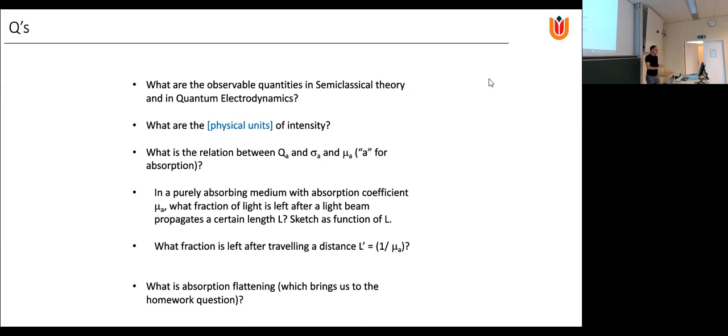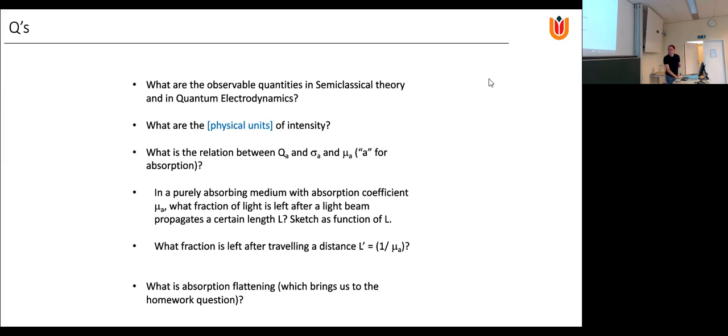But a related question: with that exponential decay, what fraction of the light is left after the light has traveled a distance L prime that is equal to 1 over μA? μA is the absorption coefficient that has units per meter, so if you invert it, you get length. 1 over e. Yeah, so that's about 32%.